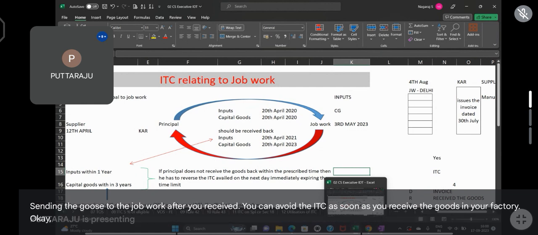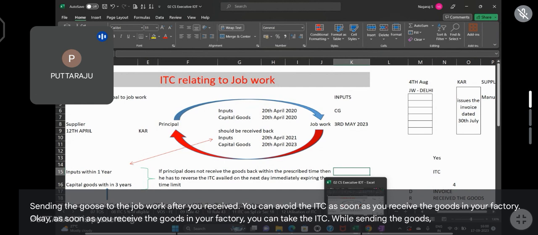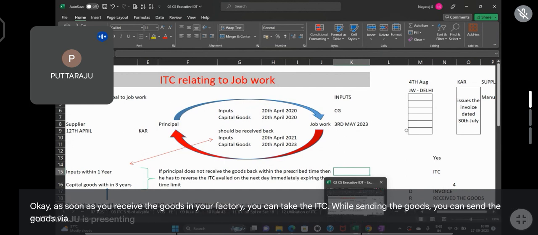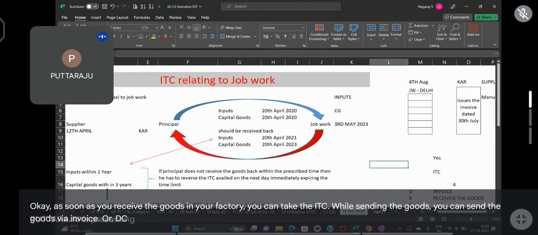While sending the goods, you can send via invoice or delivery challan.